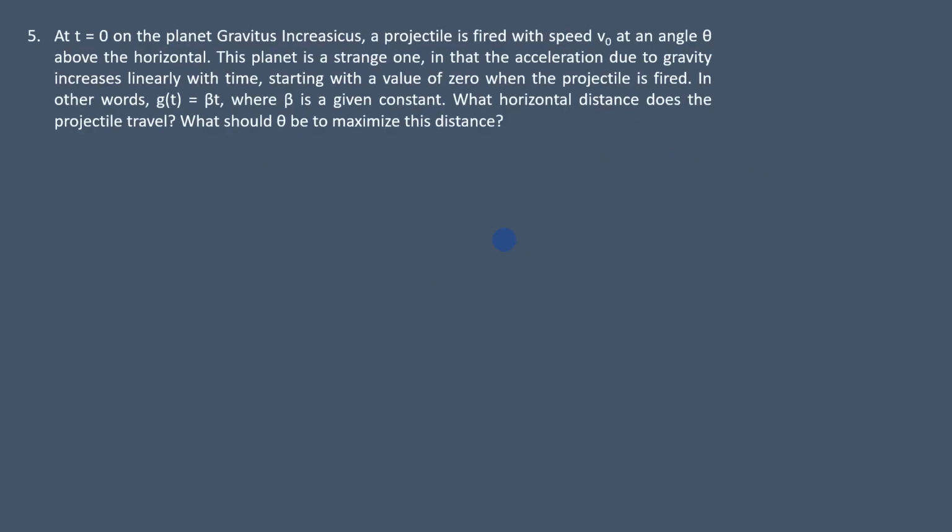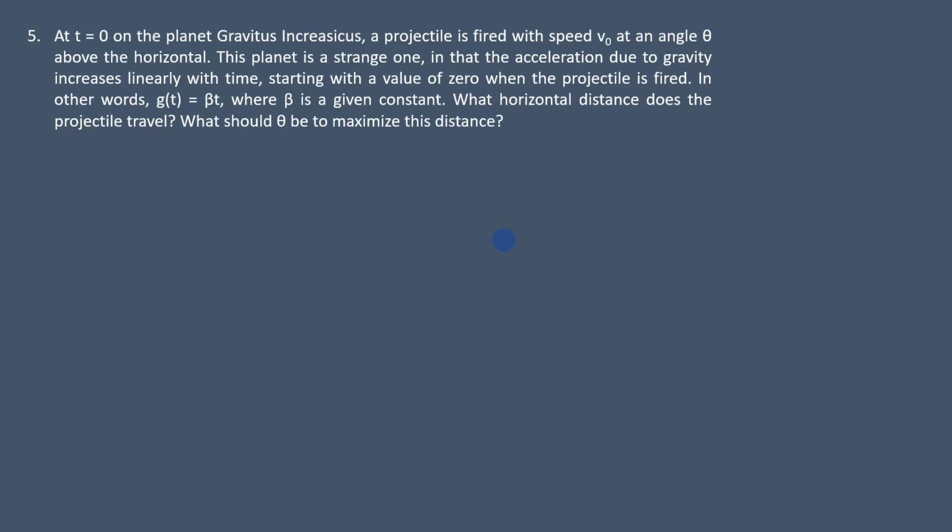Okay, and now we move to the 5th question, or problem. At t equals 0 on the planet Gravitas, a projectile is fired with speed Vo at an angle theta above the horizontal. This planet is a strange one in that the acceleration due to gravity increases linearly with time, starting with a value of 0 when the projectile is fired.